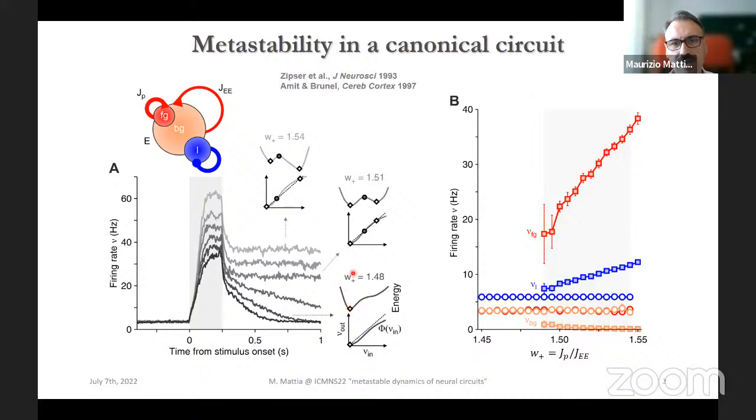But if you increase this self-excitation, you end up with two stable attractors, one at low firing rate and the other at high firing rate, which can be depicted by this Lyapunov function. This effective energy landscape has two valleys. Depending on the stimulation, you will be driven into one of these two states, and you can escape from these metastable states.